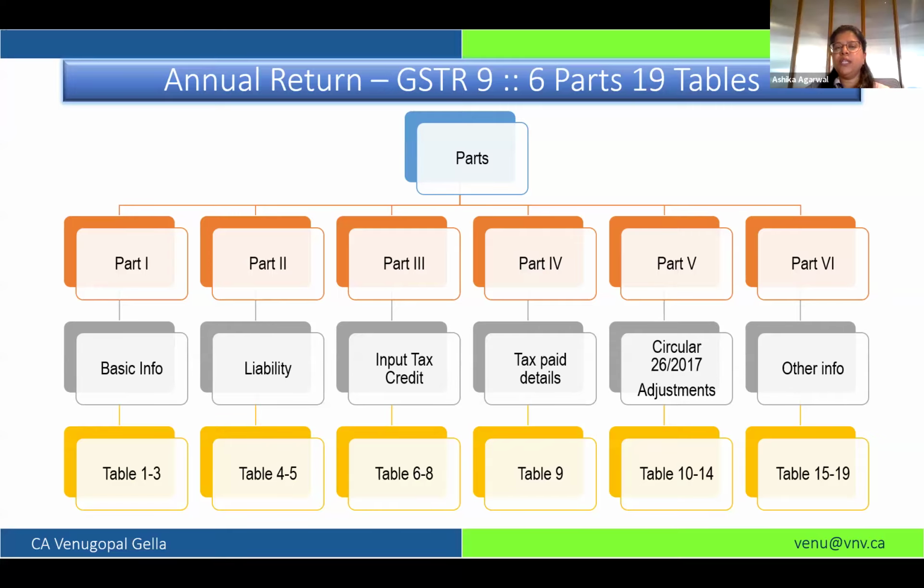So you have to keep in mind the way the form has been divided in order to consider all the reporting which you have done in R1 and 3B. So parts 2 to 4 are for what you have reported in 1 and 3B in 24-25. Part 5 deals with what you have reported in 25-26 but pertaining to 24-25.